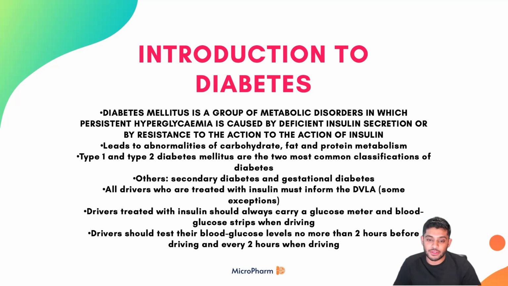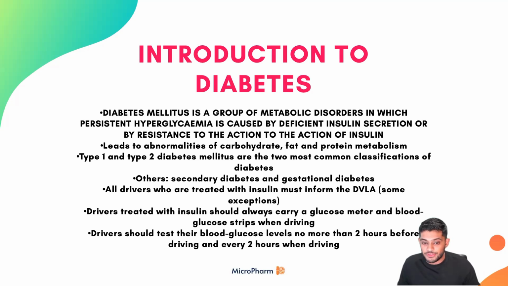Because there's a risk of them being treated with insulin of what? What's the risk if someone's having insulin constantly? Risk of hypoglycemia. Hypoglycemia being your low blood glucose levels, there's a risk of this if patients are being treated with insulin.